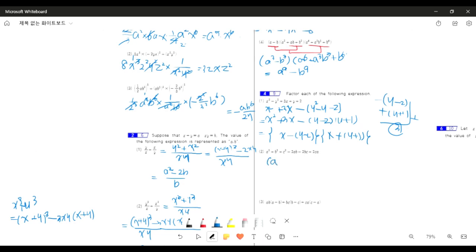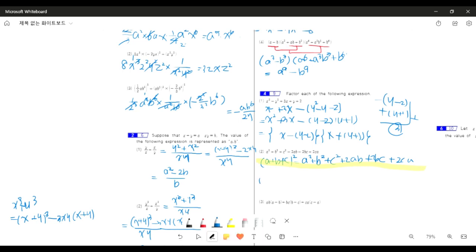So (a + b + c)² equals a² + b² + c² + 2ab + 2bc + 2ca.